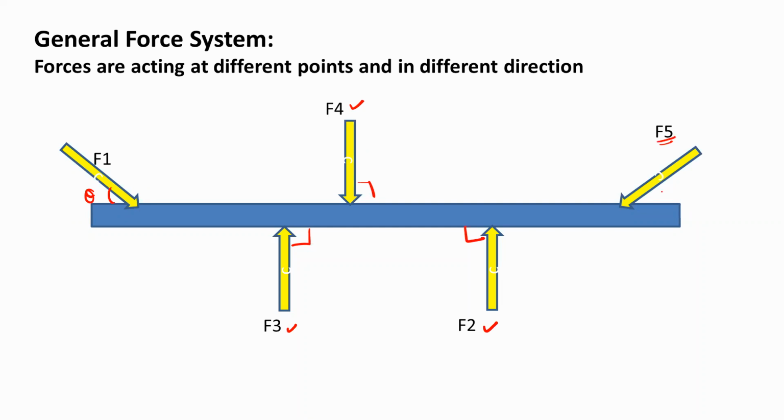Force F5 is acting at some angle theta. F5 is acting in the third quadrant, and F1 is acting in the fourth quadrant. Such a type of system is called a general force system. So now we will see how to find the resultant for a general force system and how to locate the distance with respect to the given point.